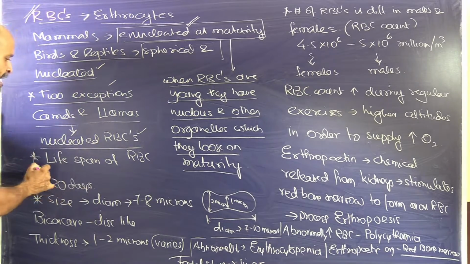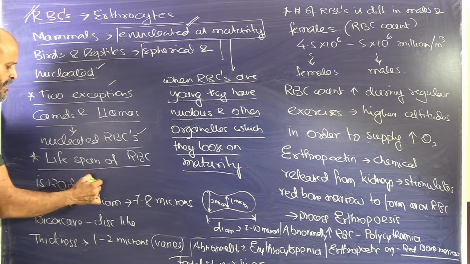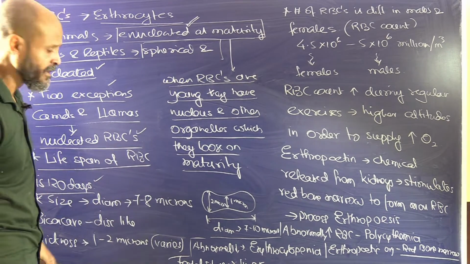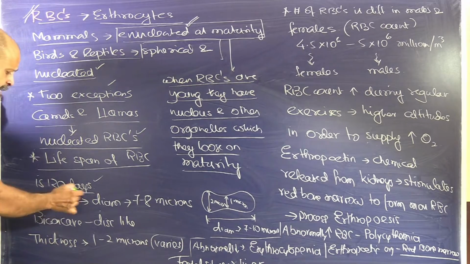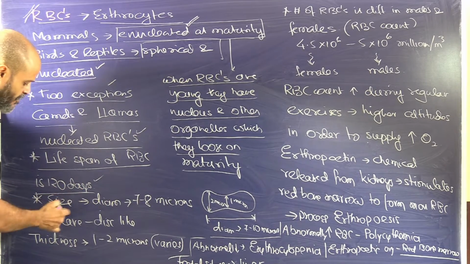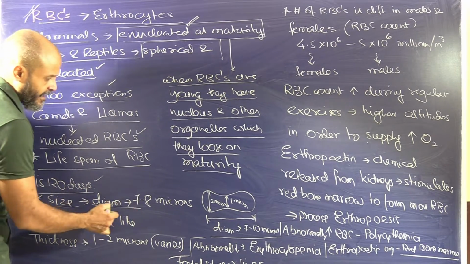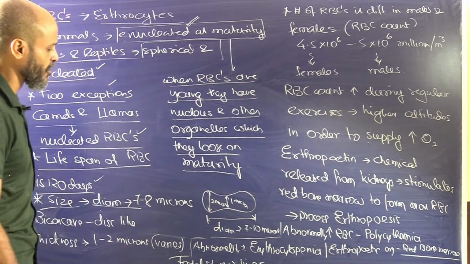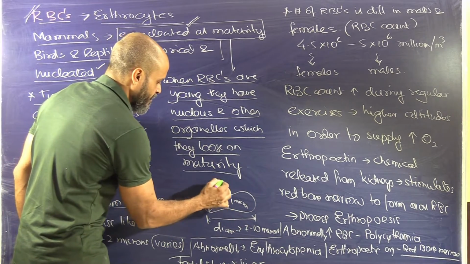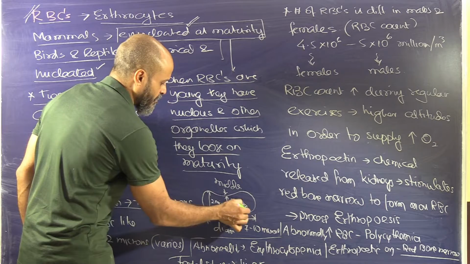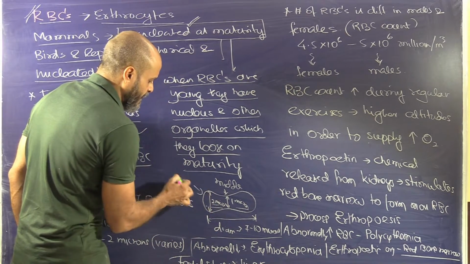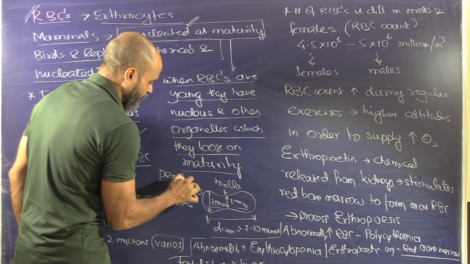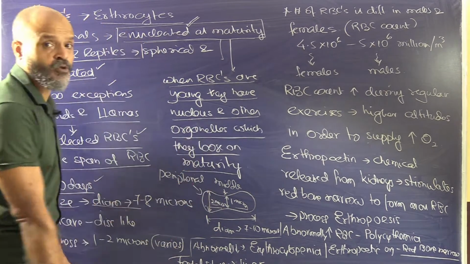The lifespan of an RBC is approximately 120 days, about 4 months. The size, if you look at it, is basically biconcave. In the middle portion the thickness is approximately 1 micron, and around the peripheral portion it is around 2 microns.